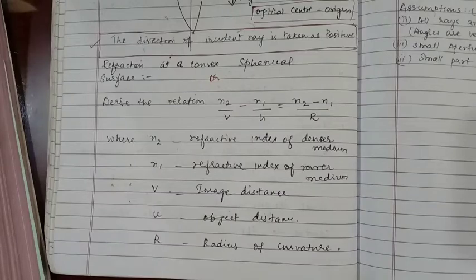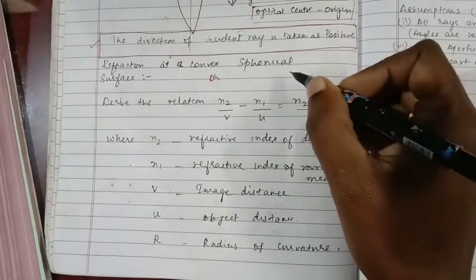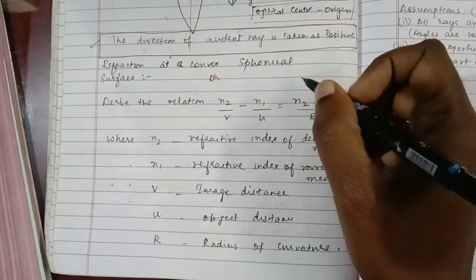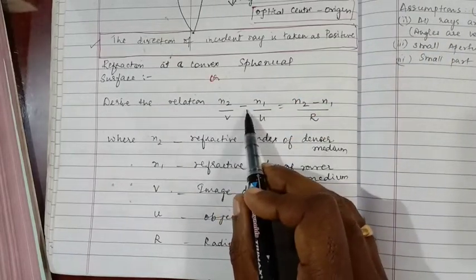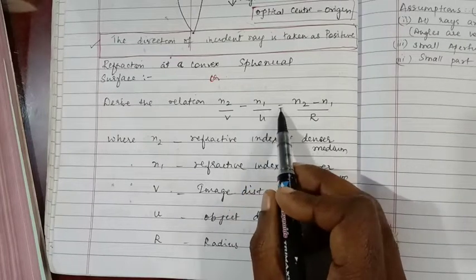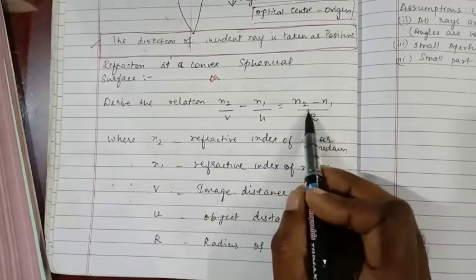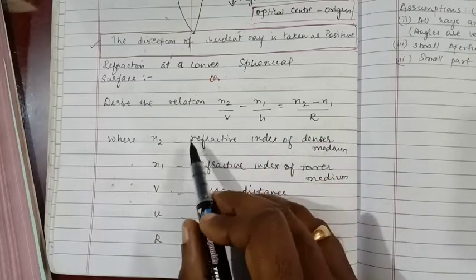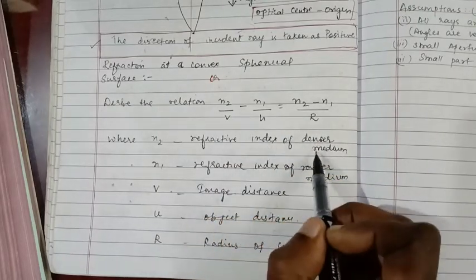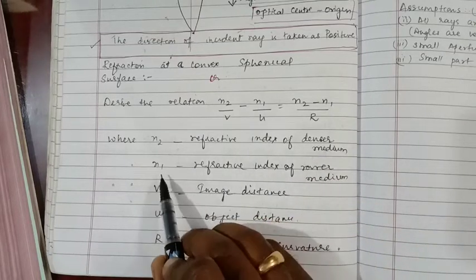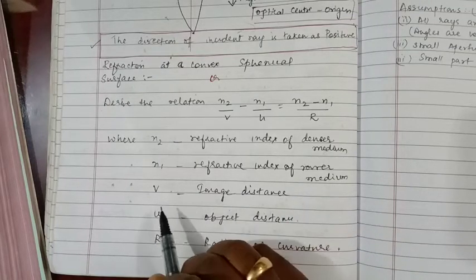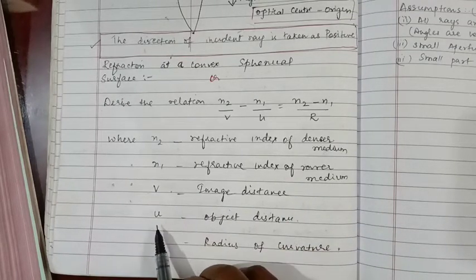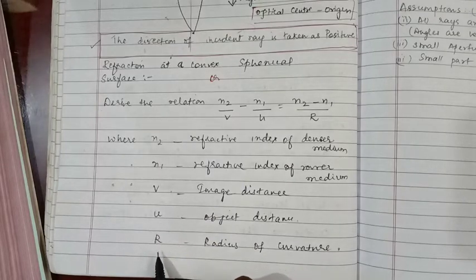Refraction at a convex spherical surface. We are going to derive the relation n2 by v minus n1 by u is equal to n2 minus n1 by r, where n2 is the refractive index of denser medium and n1 is the refractive index of rarer medium, v the image distance, u the object distance, and r the radius of curvature.